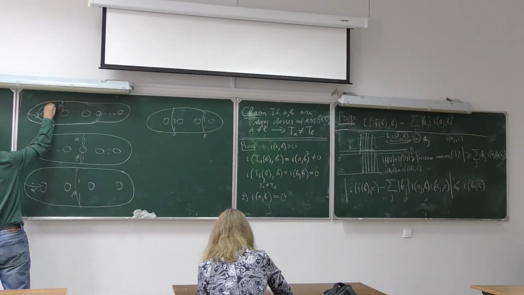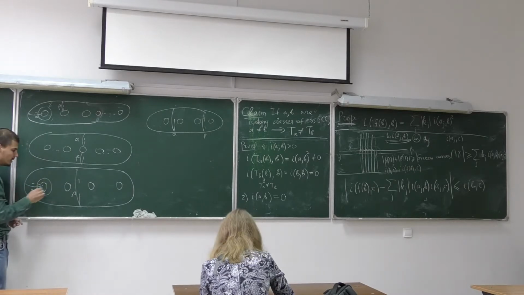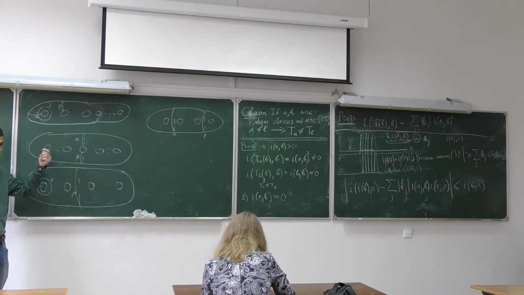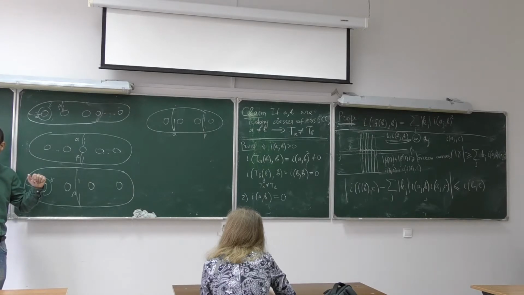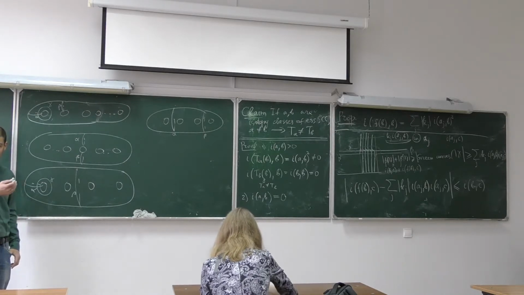Here it is like that. Here it is in the same way. Here it is more interesting. It is not possible to achieve that the intersection index with alpha is 1, since the algebraic intersection indices with alpha and beta are the same, but it is possible to achieve the intersection index 2.